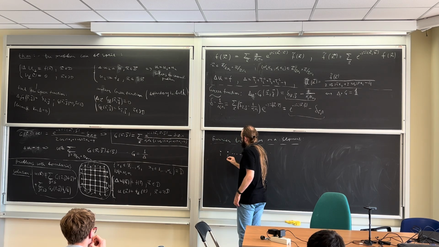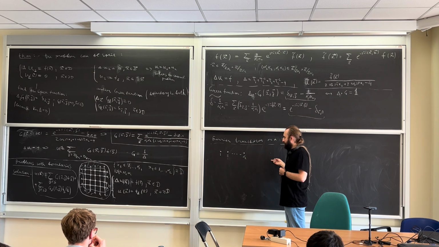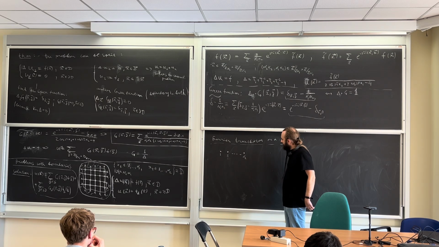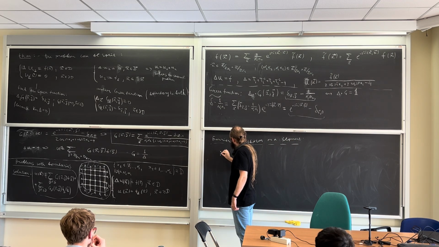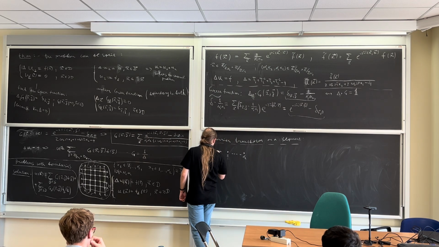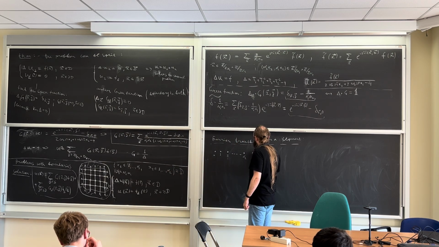Maybe it's better to consider just the one-dimensional Fourier transform, because other cases can be obtained just by adding extra variables. And we can also put here point 0 and point n plus 1.